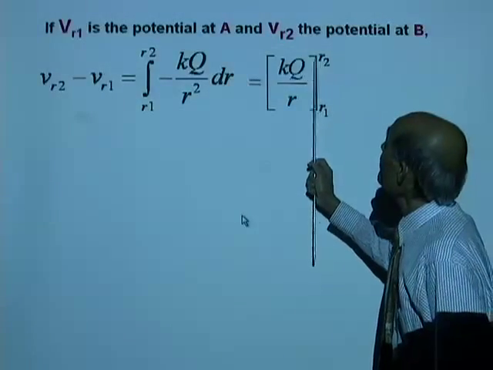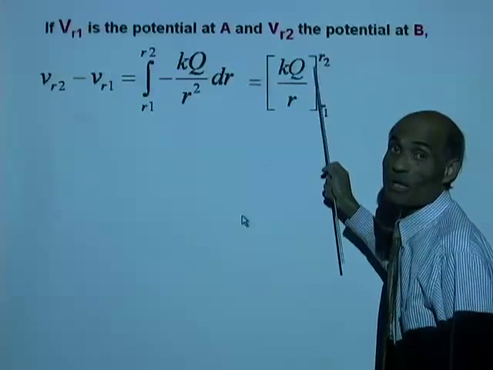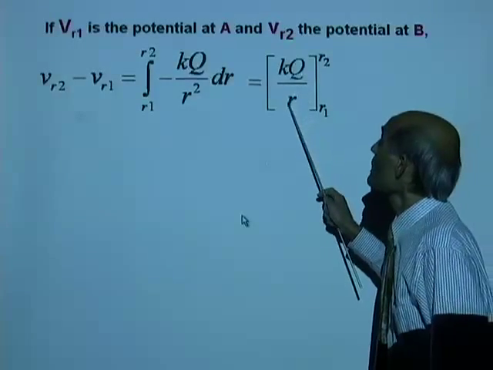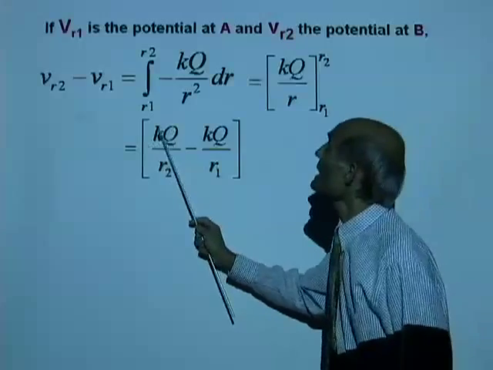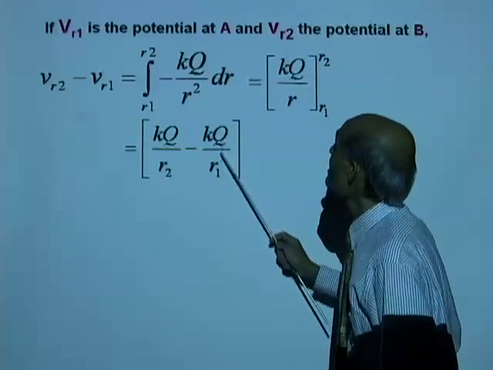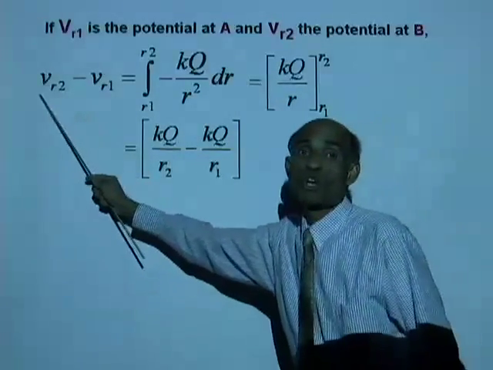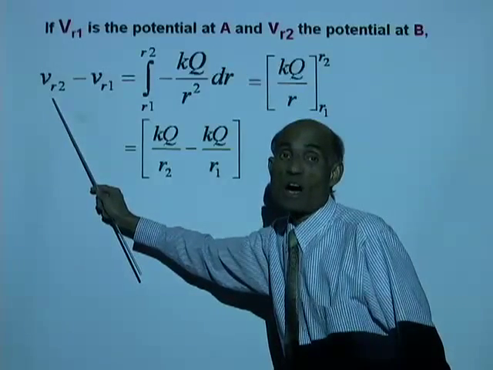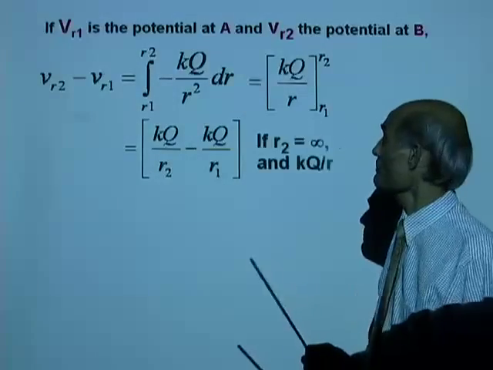Now we will replace this r by r2 for the upper limit minus replace r by r1 for the lower limit. So that will be KQ over r2 minus KQ over r1. And that is potential at a distance r2 minus potential at a distance r1.